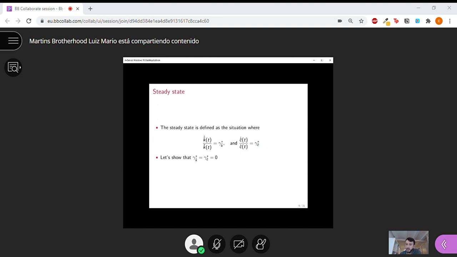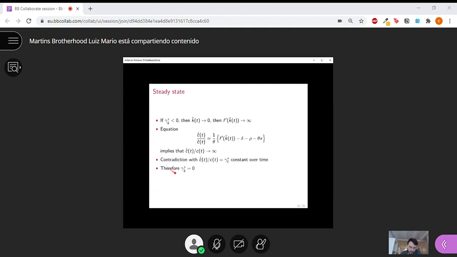It doesn't depend on time, okay? So this means the following. If you have a situation in which the growth rate of consumption is fixed, you cannot have the growth rate of capital being negative, okay? So that's a proof that it cannot be neither positive nor negative. So the growth rate of capital is 0, okay?